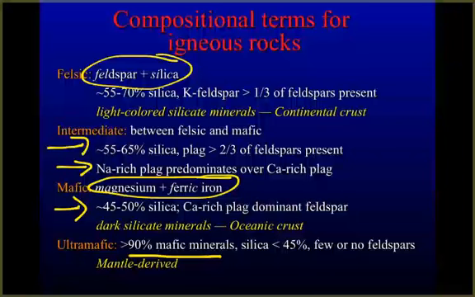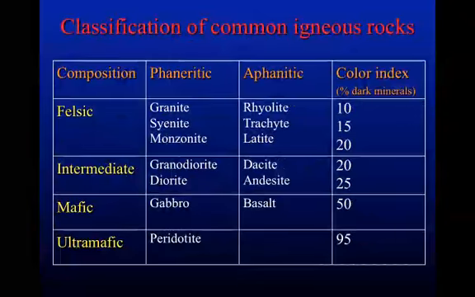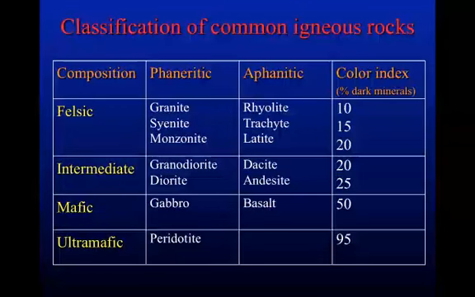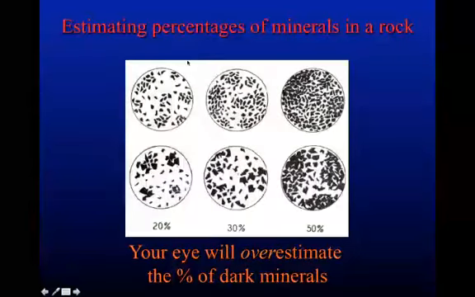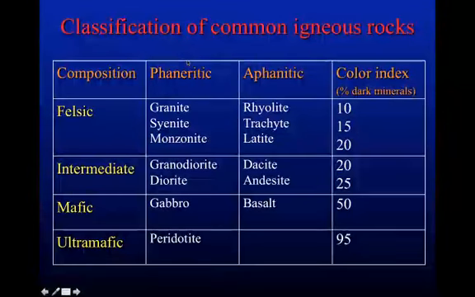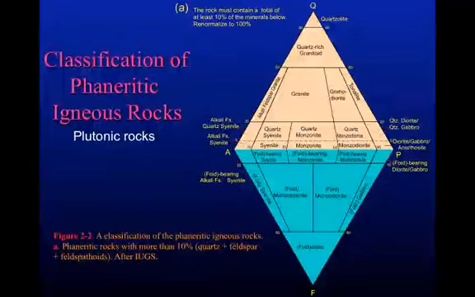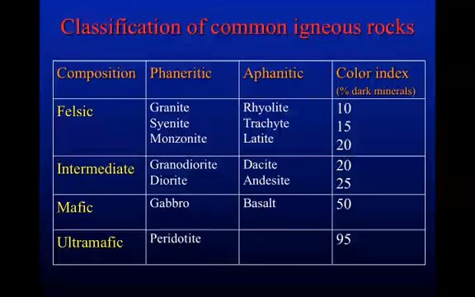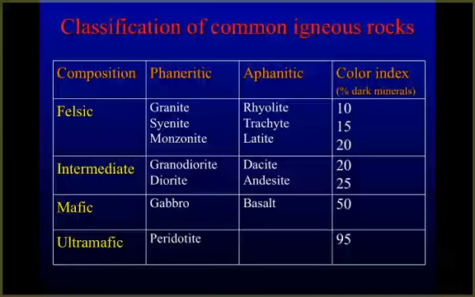Okay. We've talked about these terms, so I've got the composition here, felsic, intermediate, mafic, ultramafic, for generic chemistries of the rocks. Some names of phaneritic examples. So, sorry guys, trying to get used to this software to annotate.